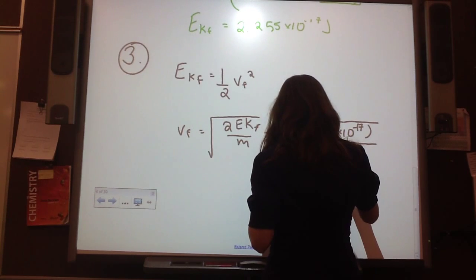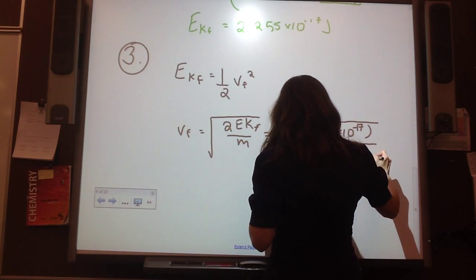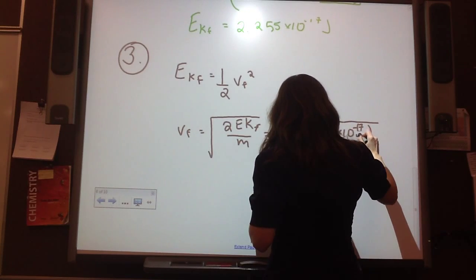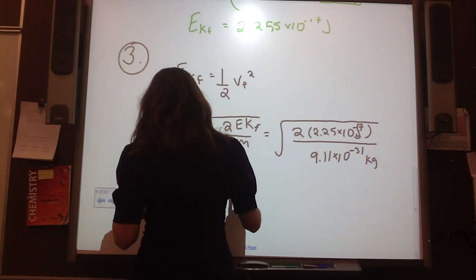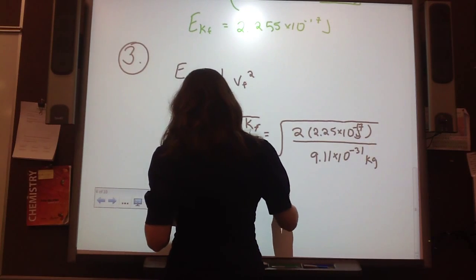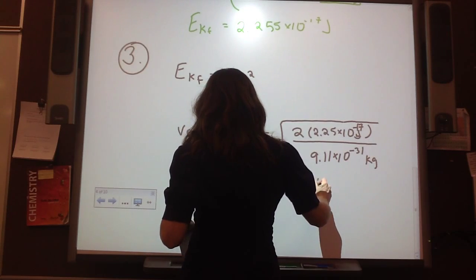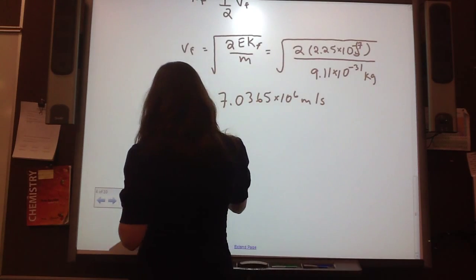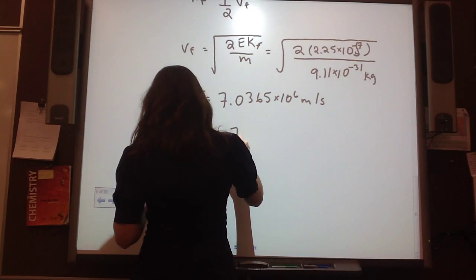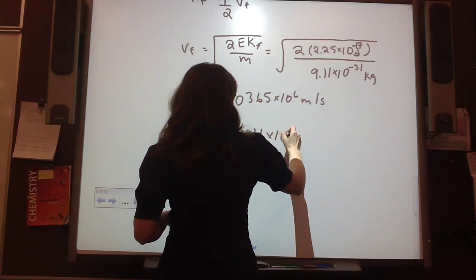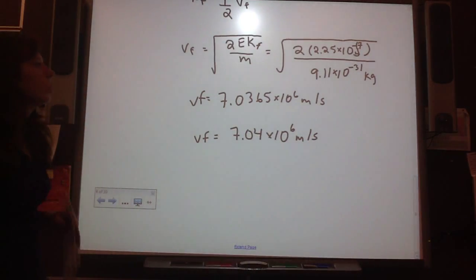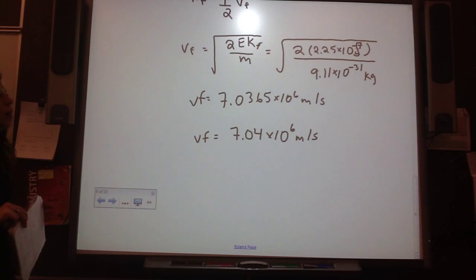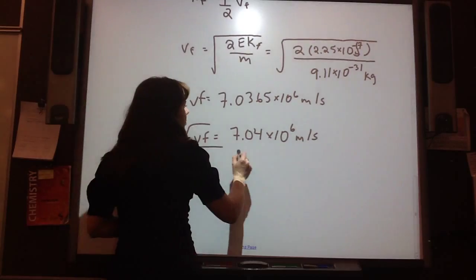Remember our mass of our electron, we know. So when you punch it in, you should get 7.0365 times 10 to the 6 meters per second. So for sig digs, 7.04.